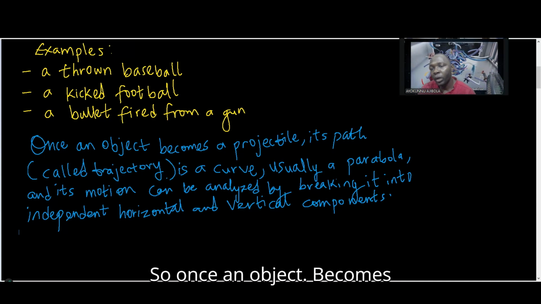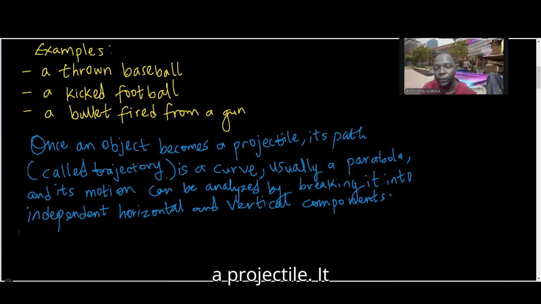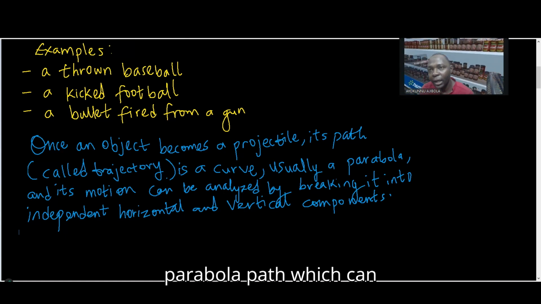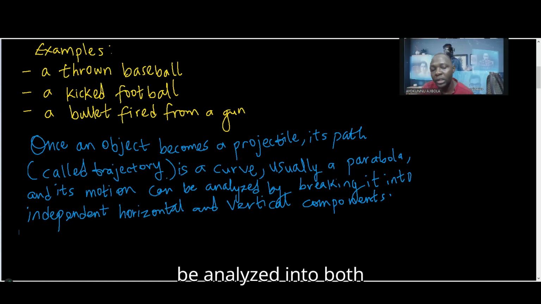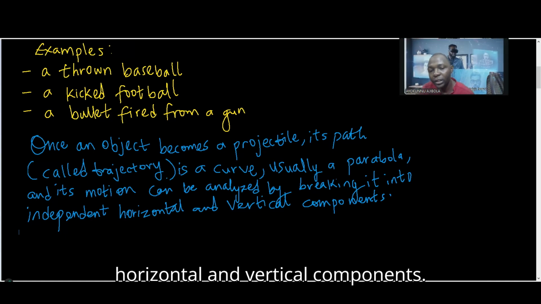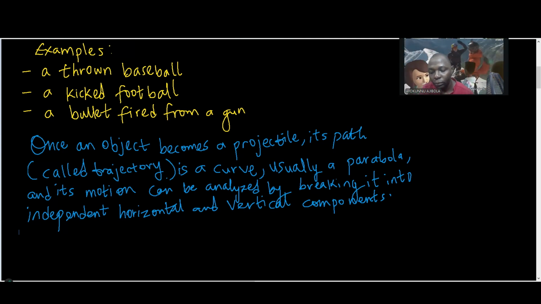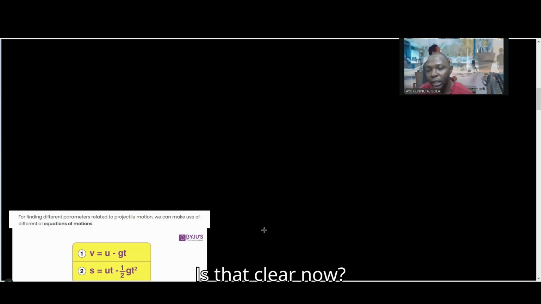So once an object becomes a projectile, it will go in a parabola path, which can be analyzed into both horizontal and vertical components. Is that clear?